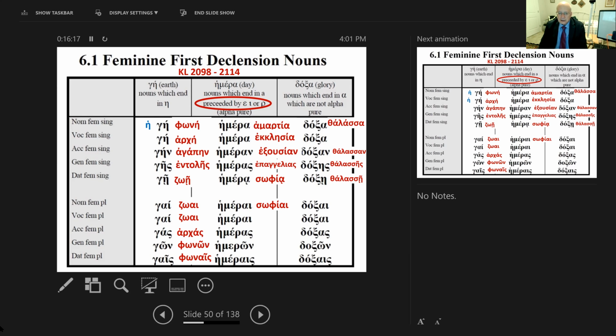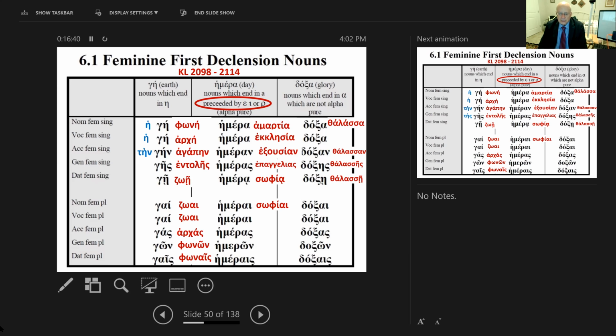In every case, it's hē. There is no article ha, only hē. Even though we might have an alpha pure noun, we have only one form of the feminine article. The vocative is always hē, and the accusative is tēn.